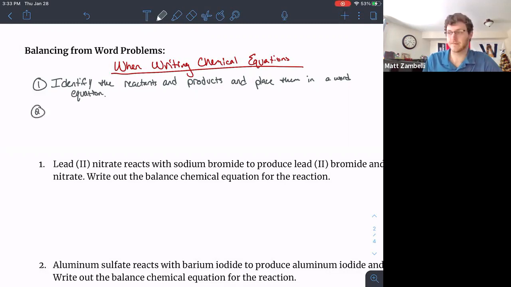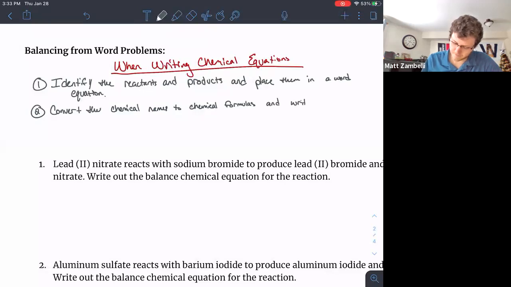Step number 2, convert the chemical names into chemical formulas and write the states of matter. And step number 3, balance the equation.